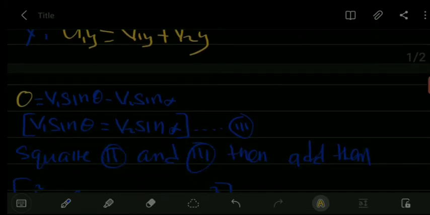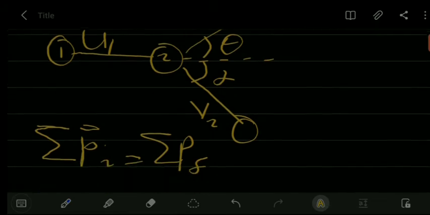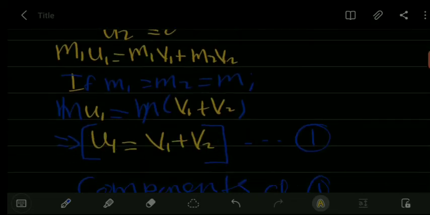But because u1y is 0, we'll have 0 equals v1 sine theta minus v2 sine alpha. For the second one, notice that we have a negative because v2 is heading towards the negative y-axis. That's why we have negative v2 sine alpha.